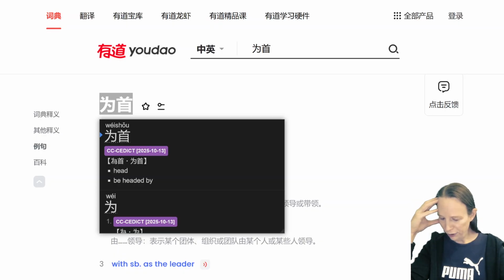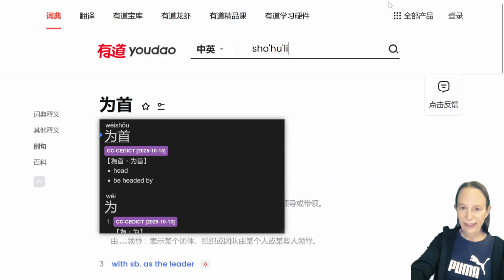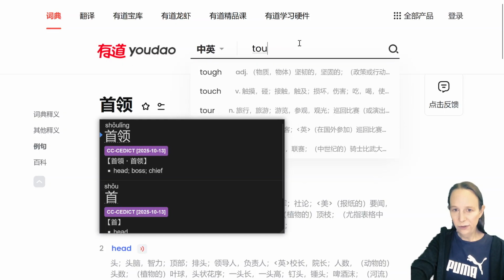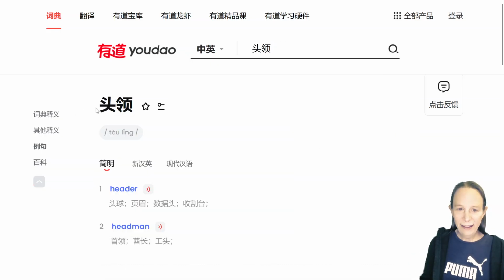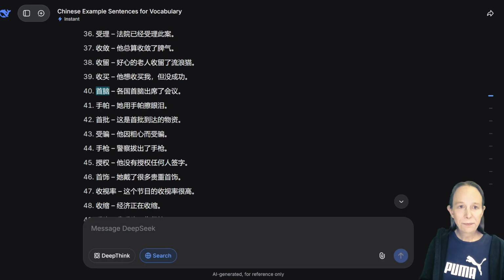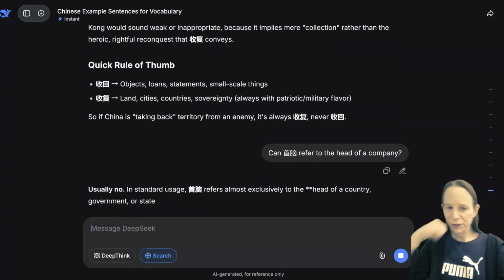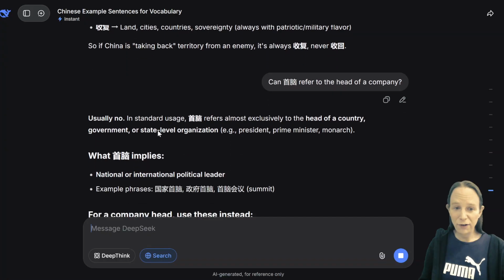头领 or 首领, these are synonyms. 首领, head. 首领 and 头领. Now I'm questioning everything. Can 首脑 refer to the head of a company? I probably should question everything. Usually no. Okay, I'm wrong about that as well.